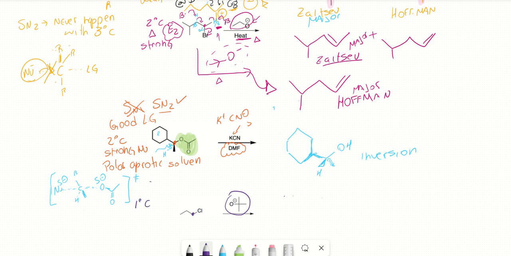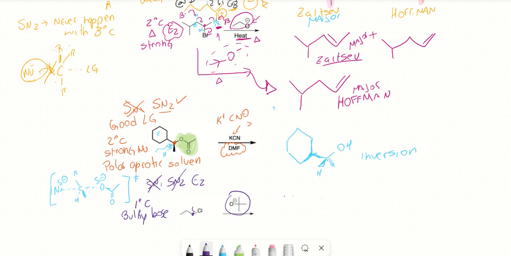So I know that SN1 cannot happen. So my option will be SN2, but I know that I have a bulky base. So a bulky base is a strong base, but it cannot do SN2, so it will be E2, right?